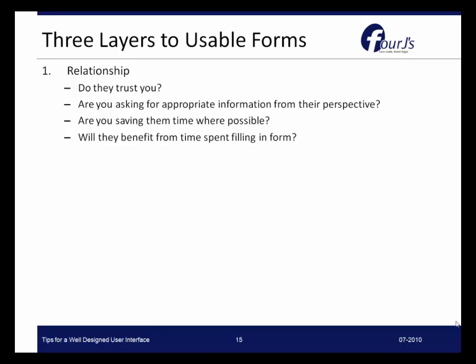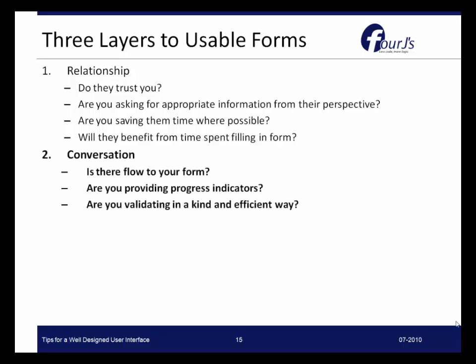The relationship layer is the trust that you're building, the information that you're requesting from the user, and making sure that that relationship is not fractured, or that boundaries are not crossed, in making them feel resistant to the application.